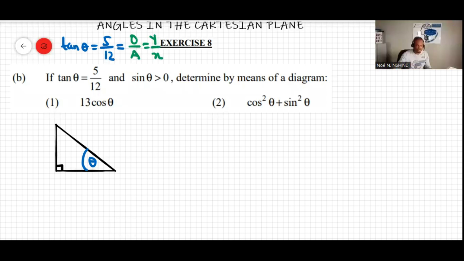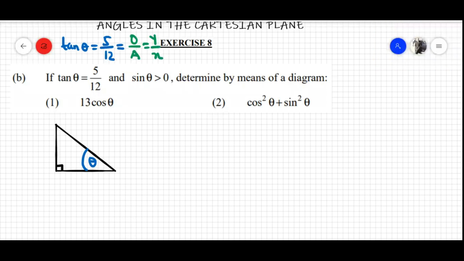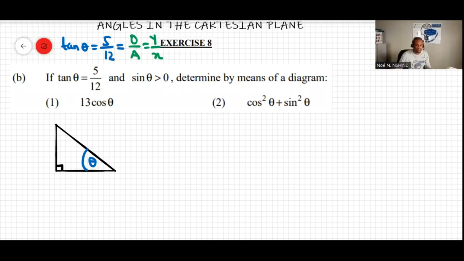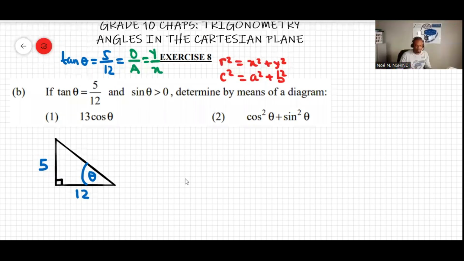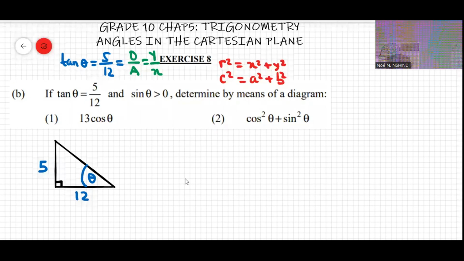If my angle theta is over there, I'll say that the opposite side is 5, and the adjacent side is over here, it's 12 units. Now we can still use Pythagoras. Let me write the Pythagoras theorem here: r squared equals x squared plus y squared, or c squared equals a squared plus b squared, or sometimes they write h squared to say the hypotenuse.